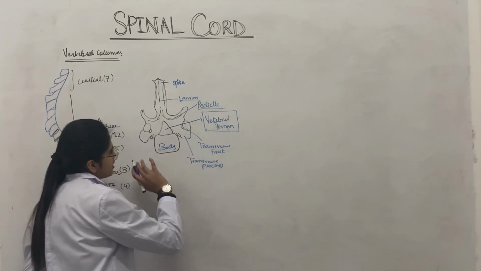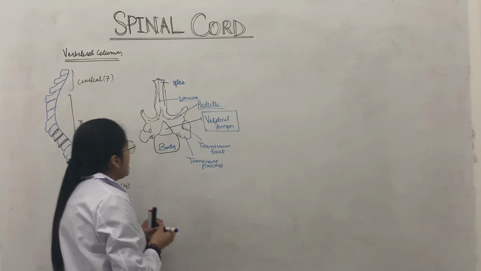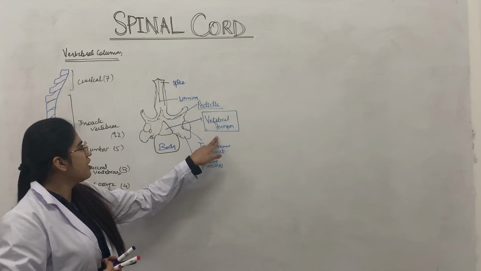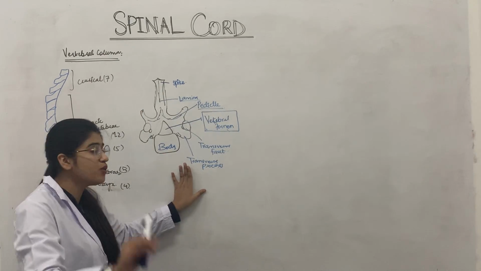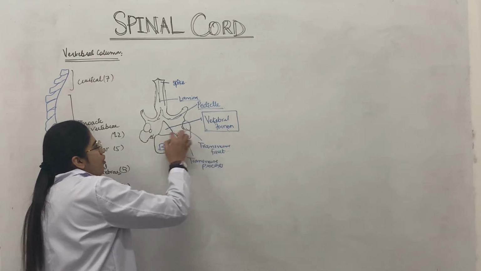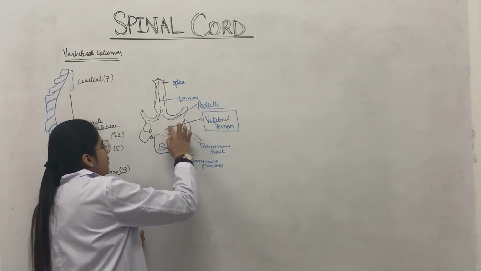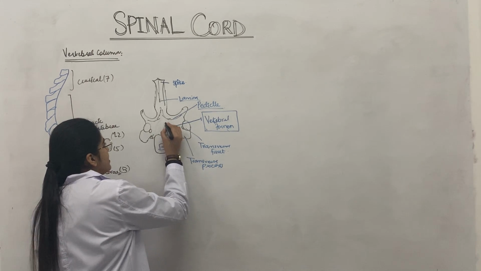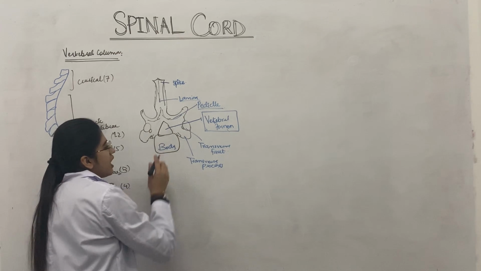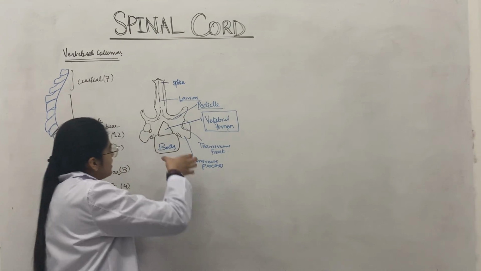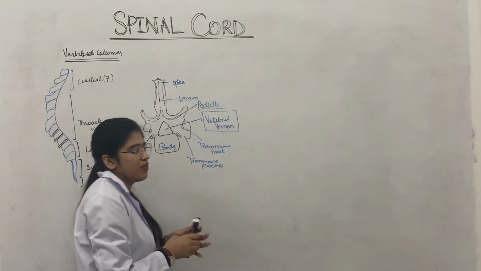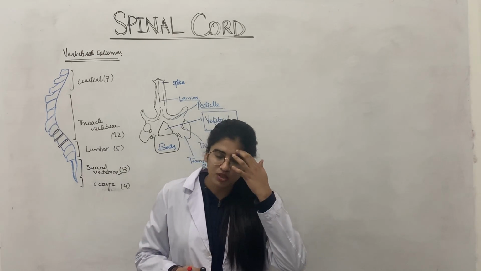We are just discussing the general thing. The main important point I want to clear is that the vertebral foramen is present in between, and this foramen is large enough to pass a spinal cord. I have shown this from the superior surface.